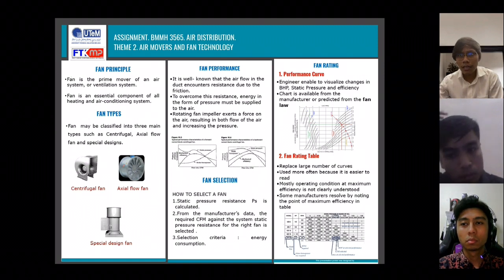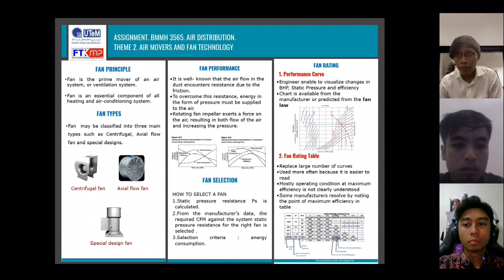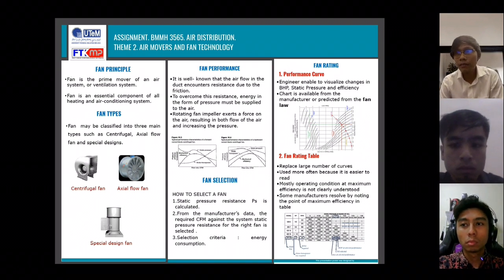Next, as you can see, the graph for both forward and backward curve blade centrifugal fans, the SP developed has a slight peak in the middle range flow. The SP drops off as flow increases.